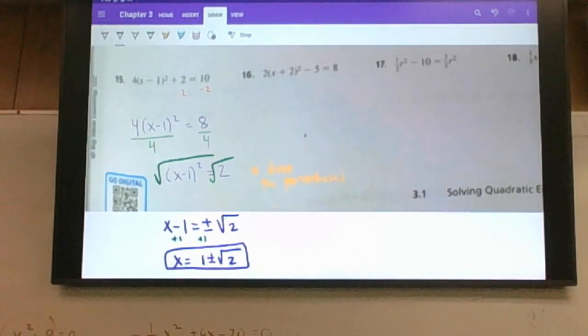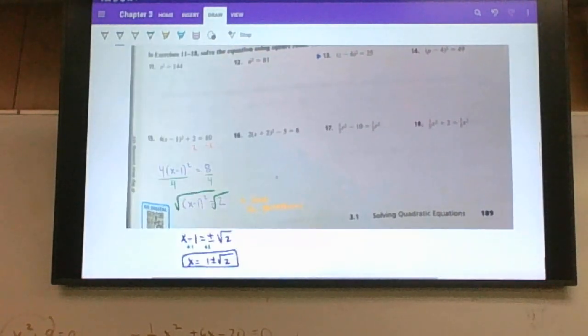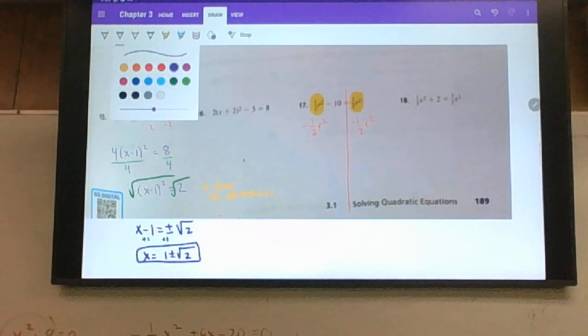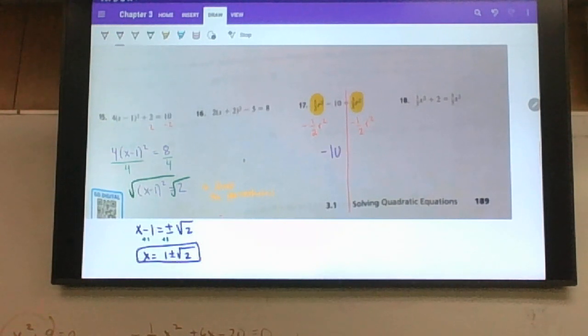And now I'm going to go to 17. I heard that one was really difficult. All right, on 17, I see that I have a variable on the left and right side of this equal sign. So I'm going to collect them together. I'm going to subtract 1/2 r squared from both sides. All right, 3 halves minus 1/2 is 2 halves.